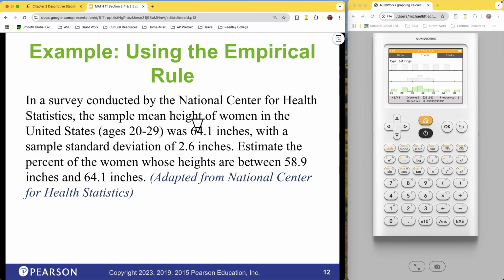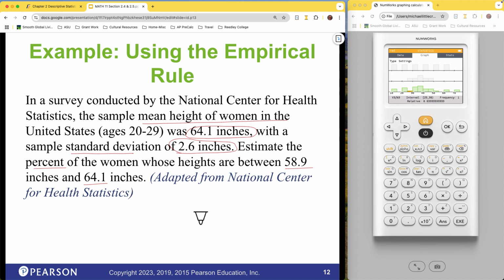We have a survey that's been conducted. They give us a sample mean height of women in the United States was, so this is a mean, 64.1 inches, about 5'4.1, with a sample standard deviation. So there's our standard deviation of 2.6 inches. We're asked to estimate the percent of the women whose heights are between 58.9 and 64.1.